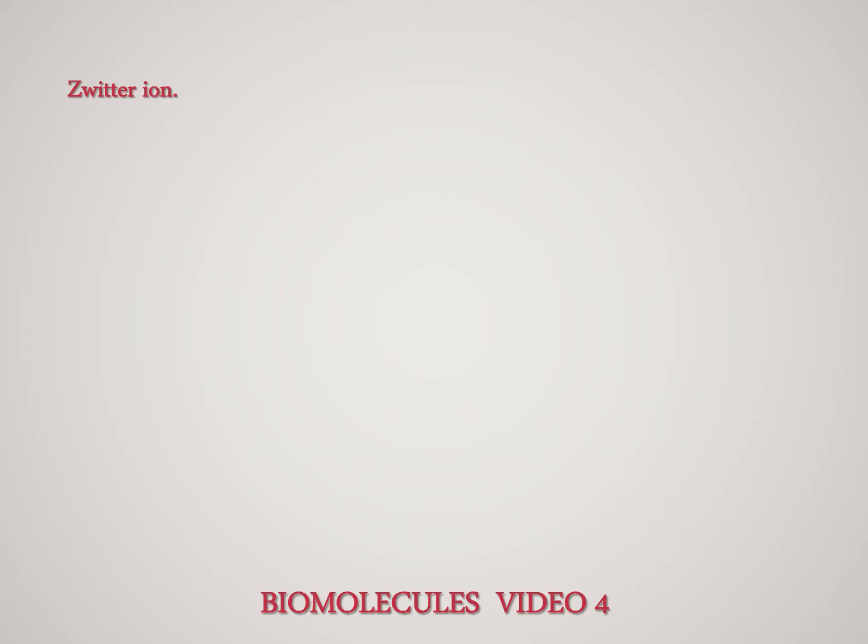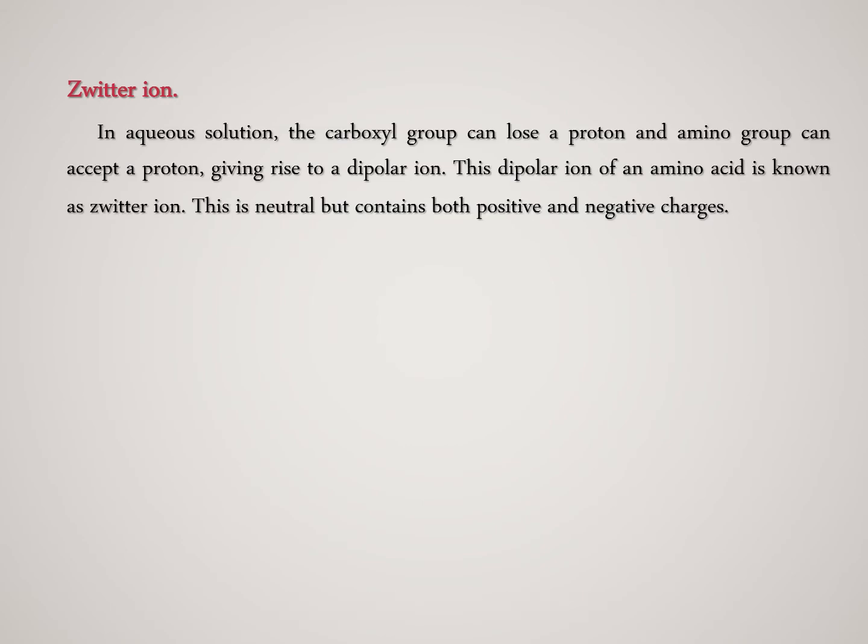The next property of the amino acid is the Zwitter ion. Spectroscopically, when the experiment was done, it was found that the COOH carboxylic group and the NH2 amino group of the amino acid do not exist as such, but they react with each other.